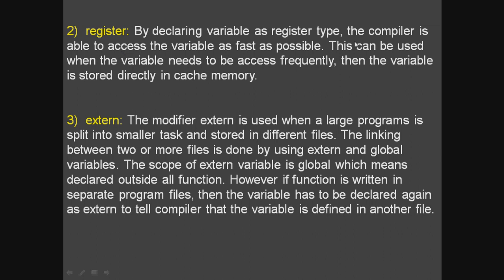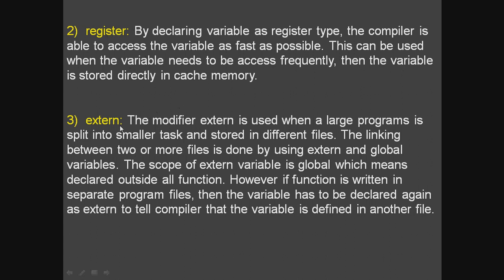This can be used when the variable needs to be accessed frequently. Whenever we want a certain variable to be accessed a lot, faster, then the variable is stored directly in cache memory. All right. Though we use this, rarely do we use this.